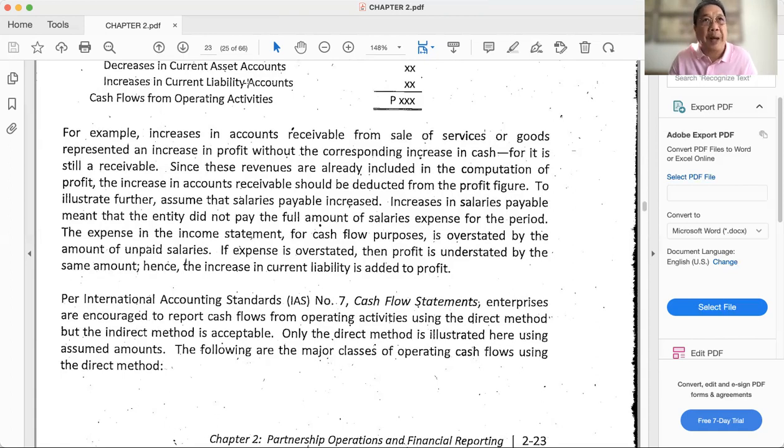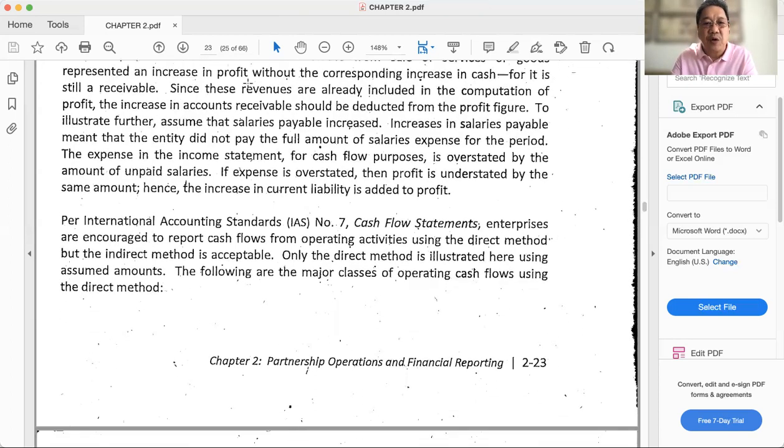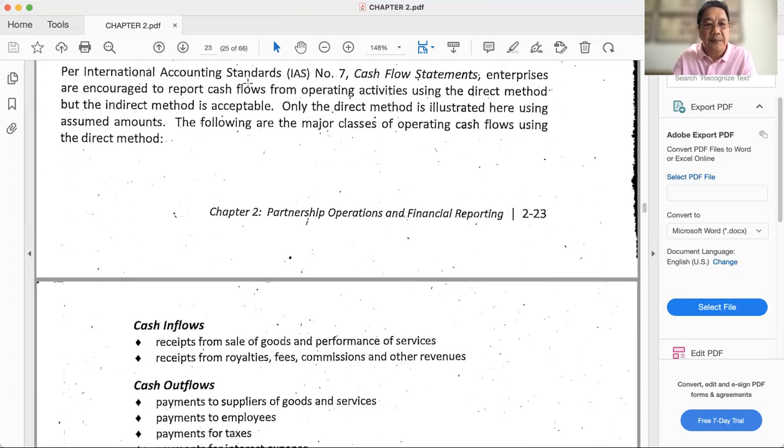Walang pumasok pa na cash. Pero, oras na masingil mo yon, nasa cash receipts journal naman. May pumasok na cash. So, that's the only time that you will recognize at include yung accounts receivable na nasingil mo sa iyong cash flow statement sa operating.